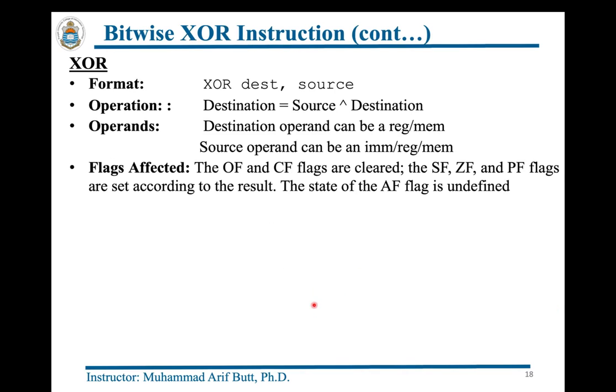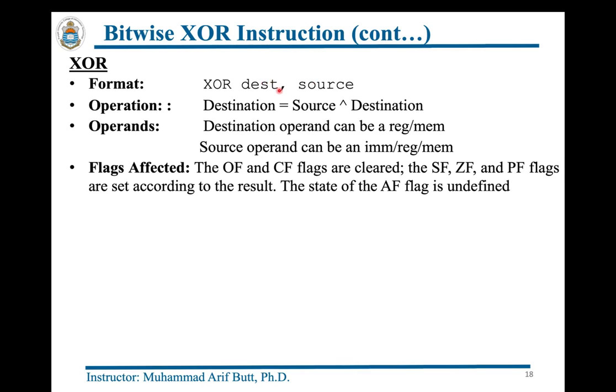Simple. Okay, let's talk about the two operand XOR instruction that performs a bitwise exclusive OR operation on its two operands and stores the result, of course, in the first operand as per the Intel syntax. The behavior of the XOR operation is that the result bit is 1 if the corresponding bits of the operands are different, and the result bit is 0 if the corresponding bits of the operands are the same.